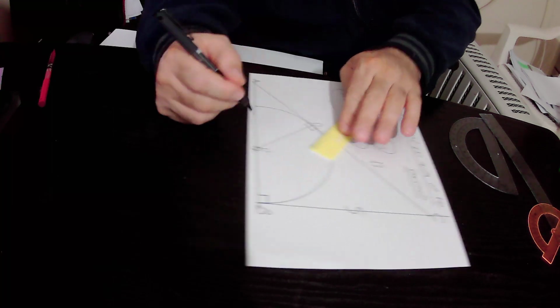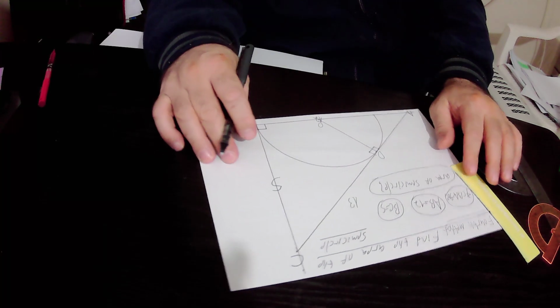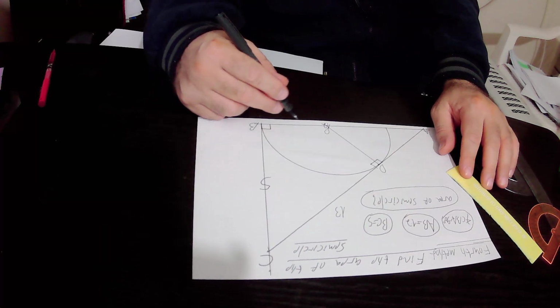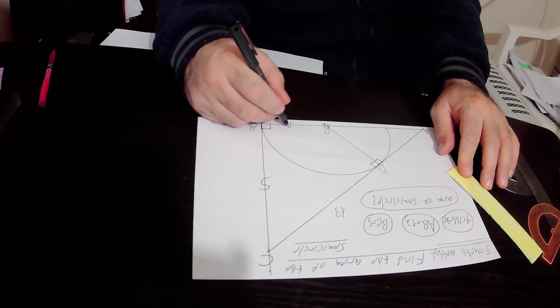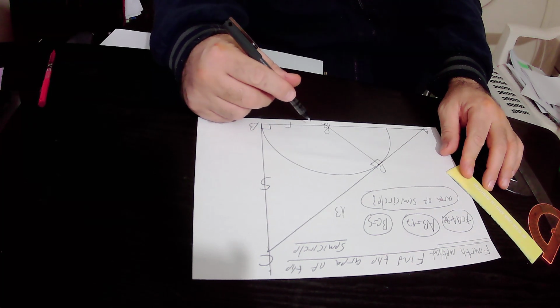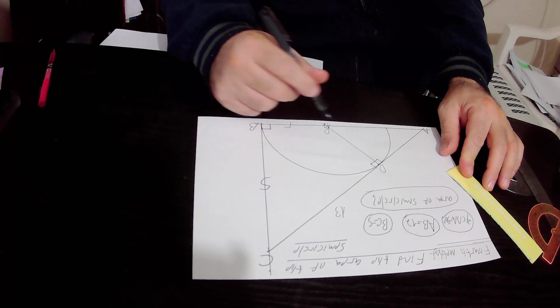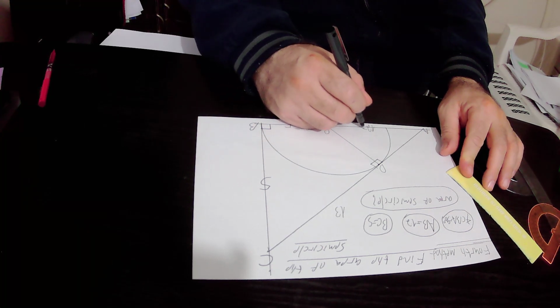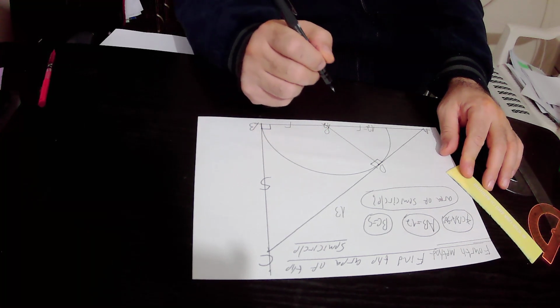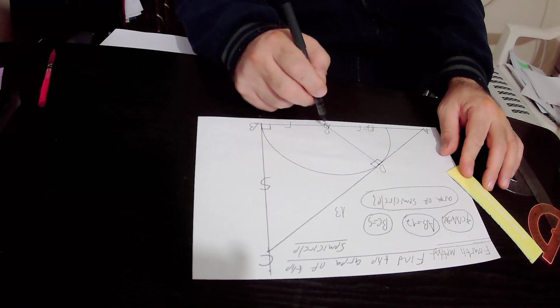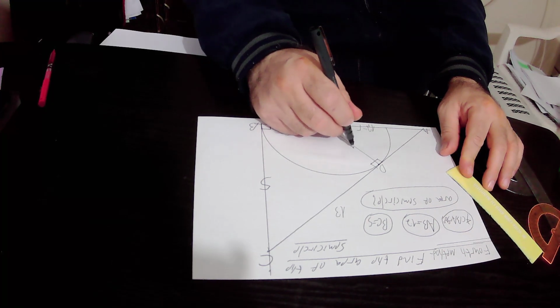And here OB is the radius of the semicircle. We have already found out that OA or AO equals 12 minus R. DO is of course the radius of the semicircle.